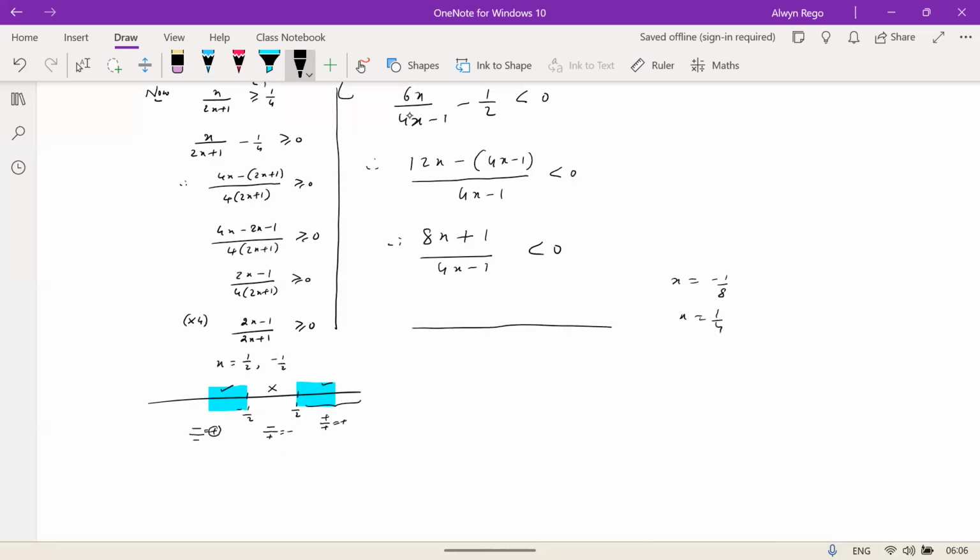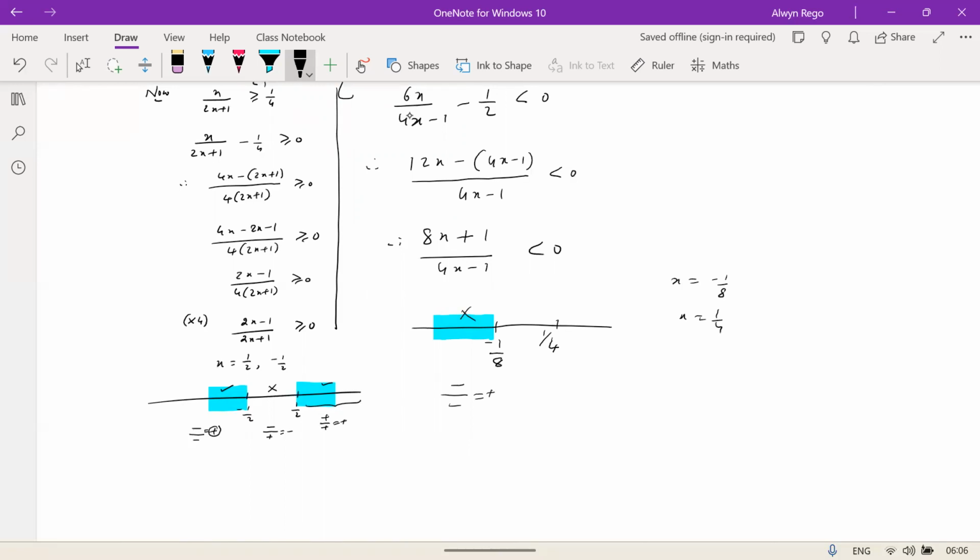So if you go for negative 1 upon 8 and 1 upon 4, if you take a value which is less than negative 1 upon 8, let's say negative 100, the numerator is negative, the denominator is negative. So the answer is positive, which I don't want.